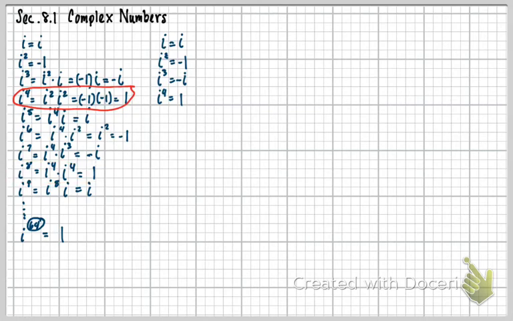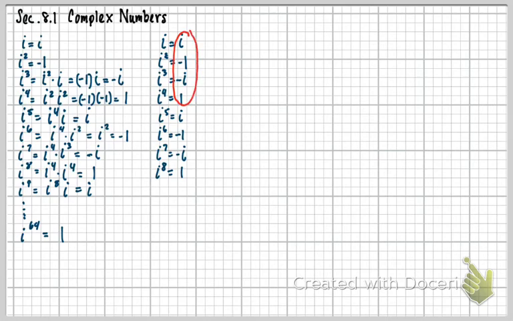Now when I look at the pattern completely here, take a look at this. i to the fifth equals i, i to the sixth equals -1, i to the seventh equals -i, and i to the eighth equals 1. So I'm going through this pattern here every 4.